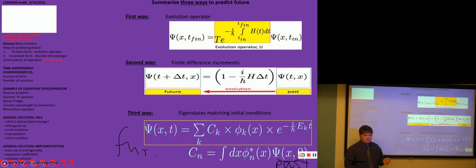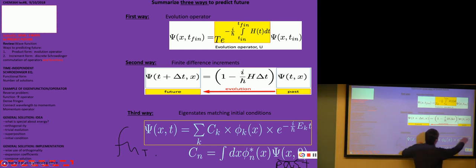We were declaring that Schrödinger equation generates waves and helps to predict the future, but we didn't have the protocol, the lab manual, on how to get the wave function of the future with Schrödinger equation. Like in these two equations, we have explicitly past and future.